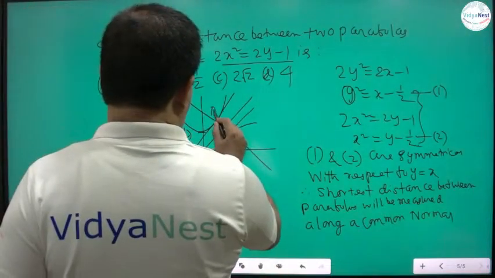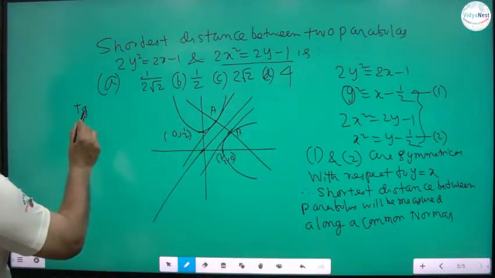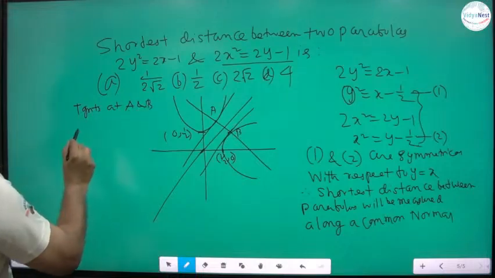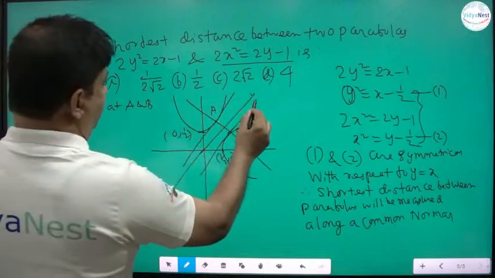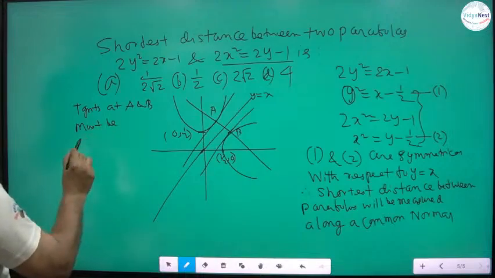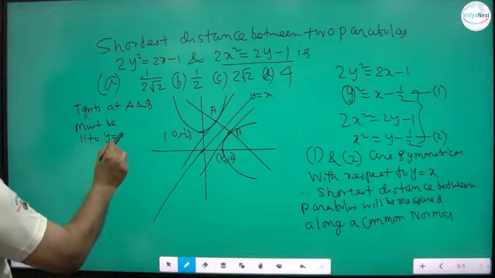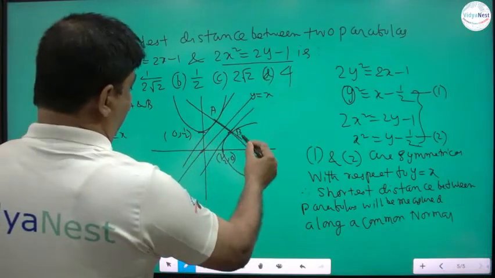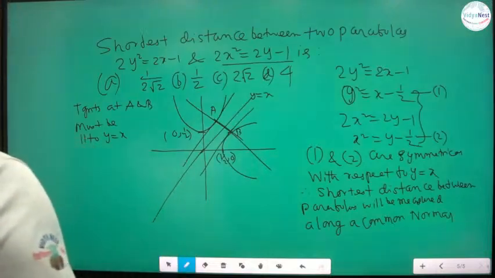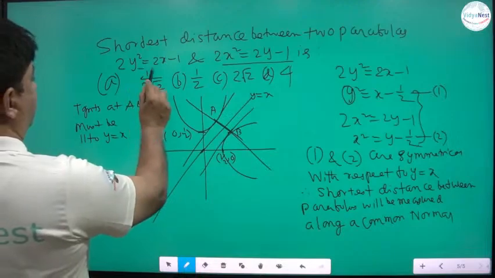Let this point be A and B. We can say tangents at A and B must be parallel to y is equal to x, because these are the normal. Okay, now let us take this curve.